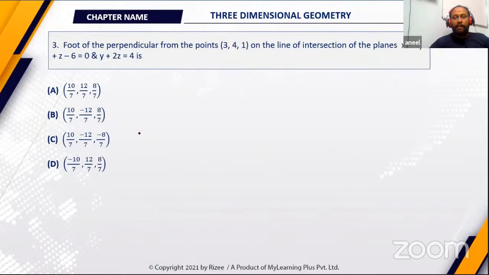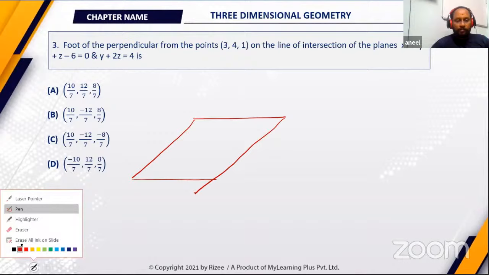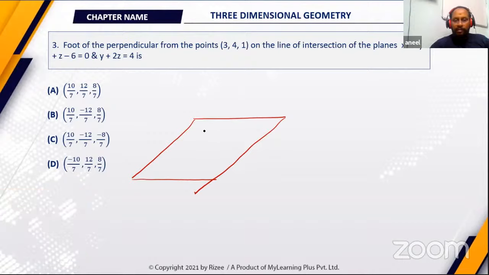The next one. Foot of perpendicular from the point 3, 4, 1 to the line of intersection of the planes. See, the two planes are like this, let us think. One plane is like this, then the other plane is like this.